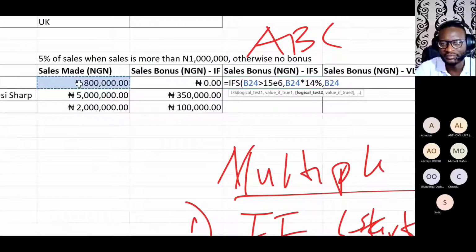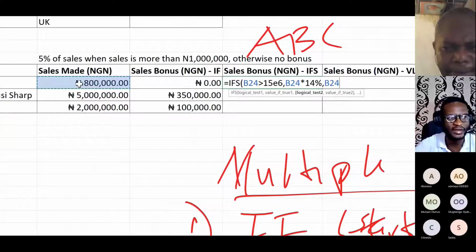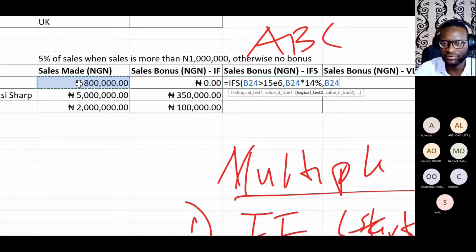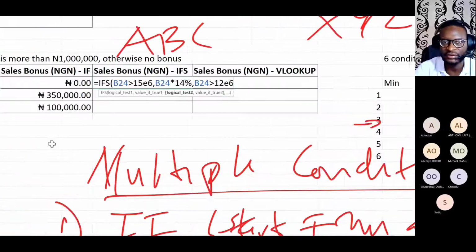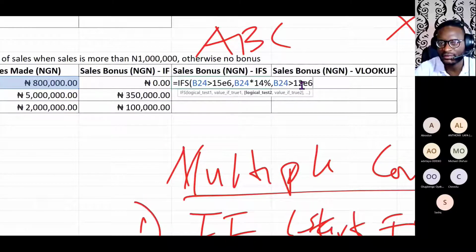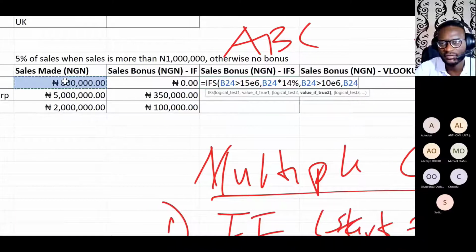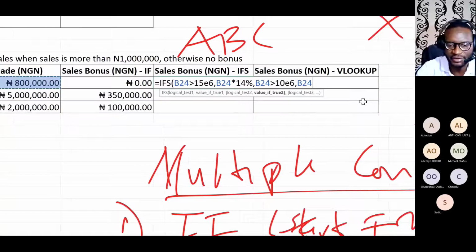This one does not need another bracket. That's the thing that makes this one kind of easier than the ifs nesting inside themselves. So if this is greater than 10 million, then take what you have done, multiply it by 12%. So that's condition 2.